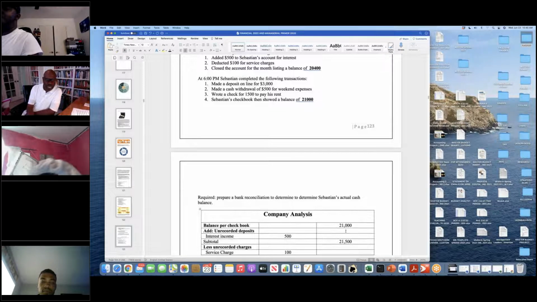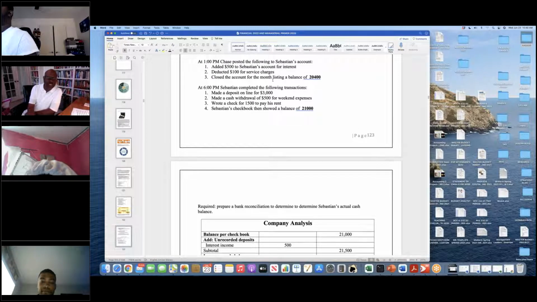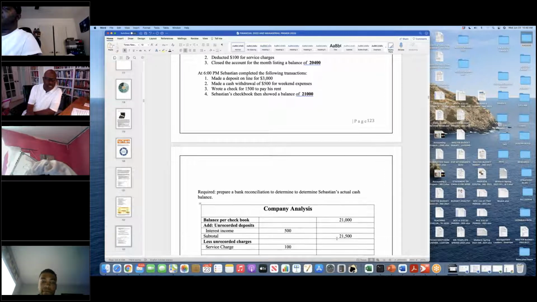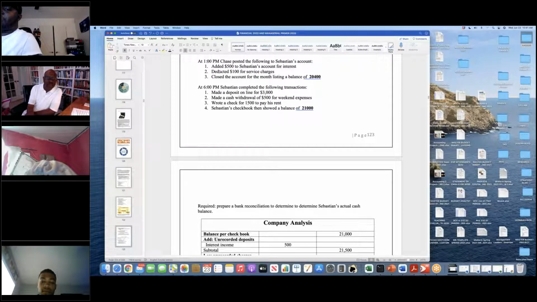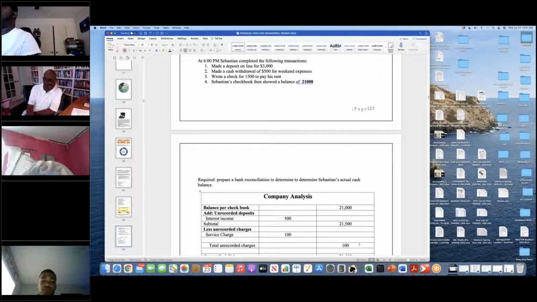So what Sebastian has to do for the company now is look at what the bank did. The bank gave him $500. He didn't have that, so he's going to add that unrecorded deposit of 500. That gets him to 21,500. He doesn't have the bank service charge of 100, so he's going to subtract that.